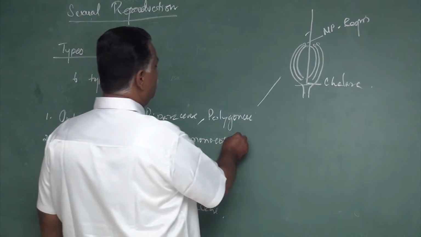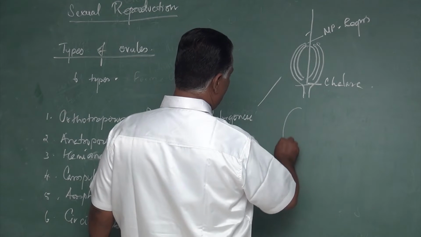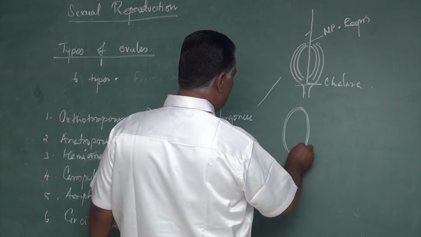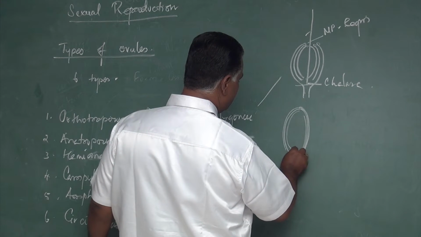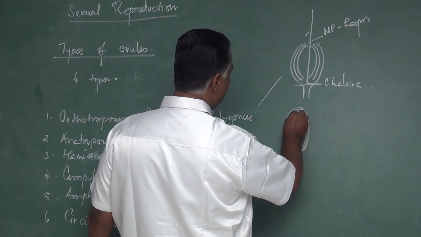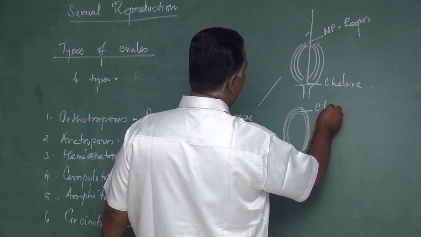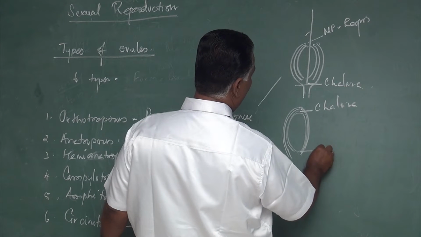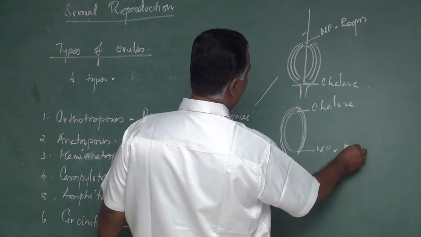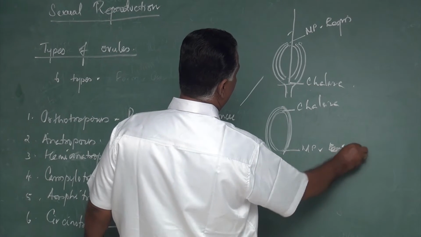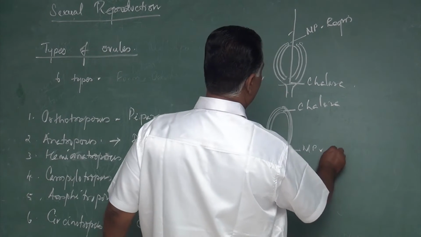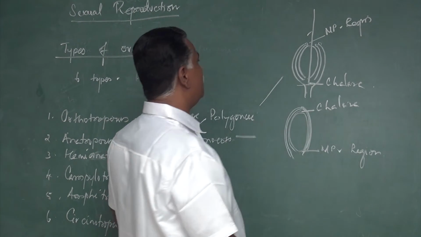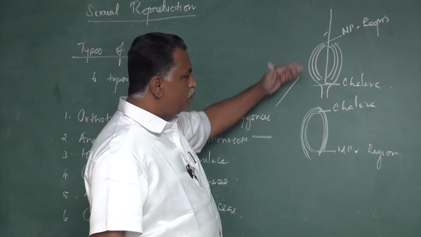Then the anatropous ovule is opposite to that. Anatropous ovule is the ovule where the micropylar region is at the base, very near to the funicle, and the chalazal region is at the top. The micropylar region and chalazal region are quite opposite to the first type.